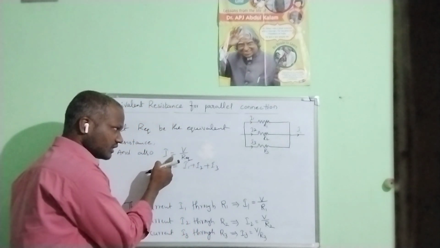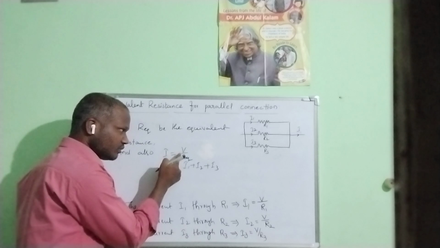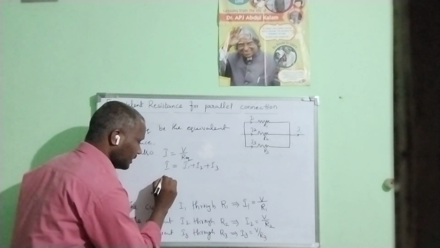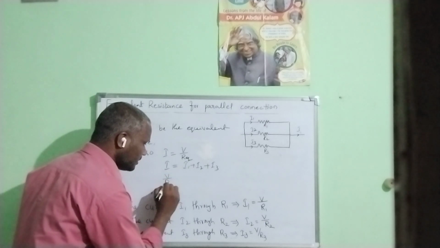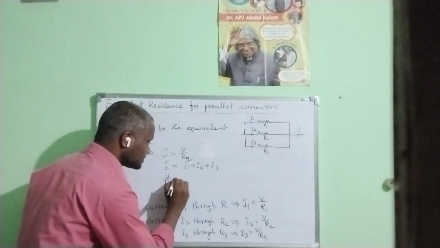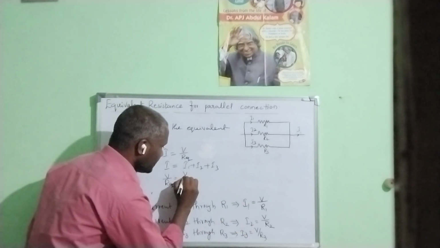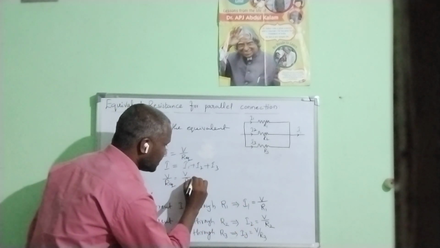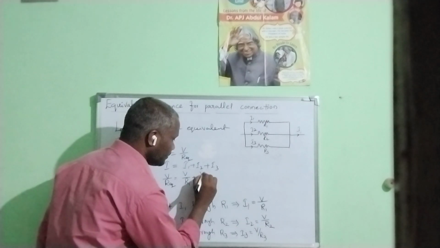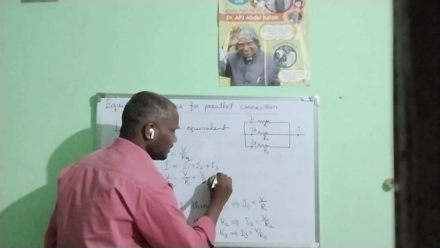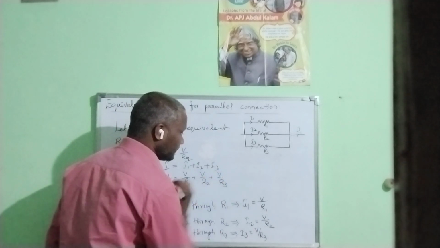We already know from Ohm's law, I is equal to V by R equivalent. What is the value of I1? I1 is V by R1, plus I2 is V by R2, plus I3 is V by R3.